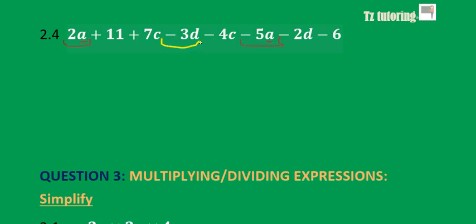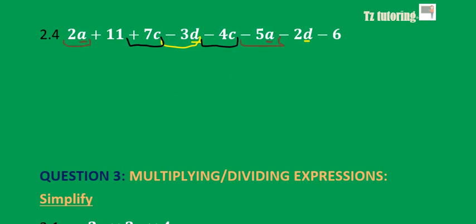This one and that one have d in common. And of course, this one and this one have c in common. Okay, so all those are like terms.